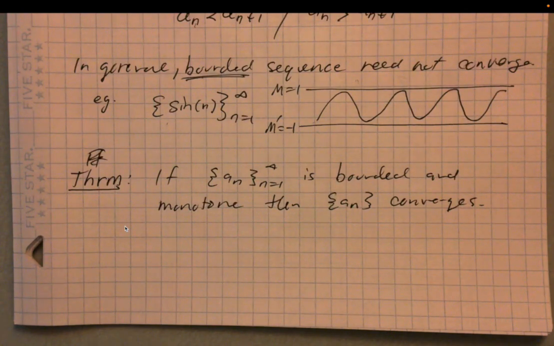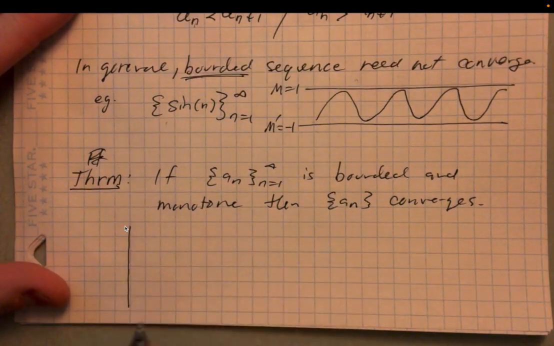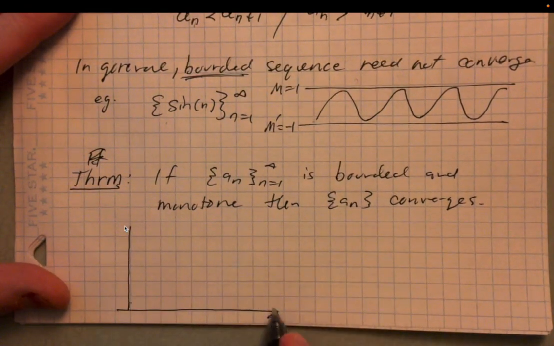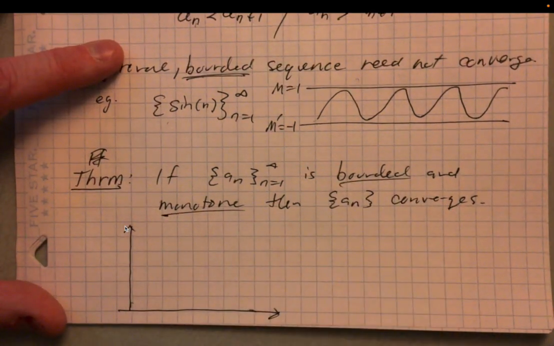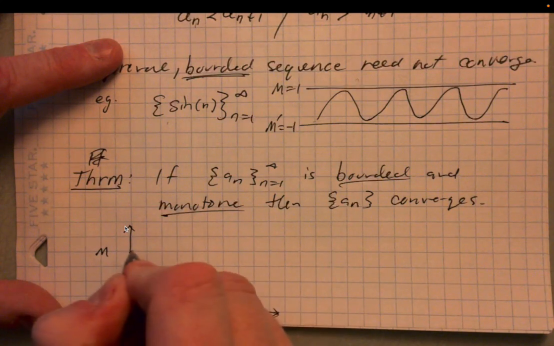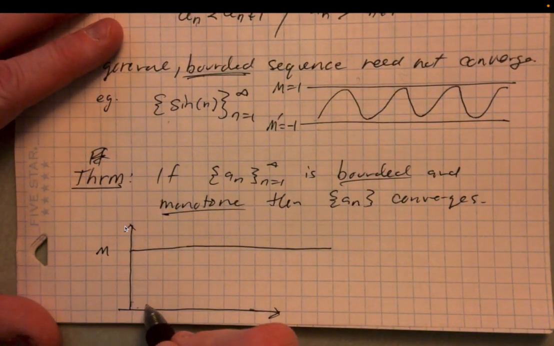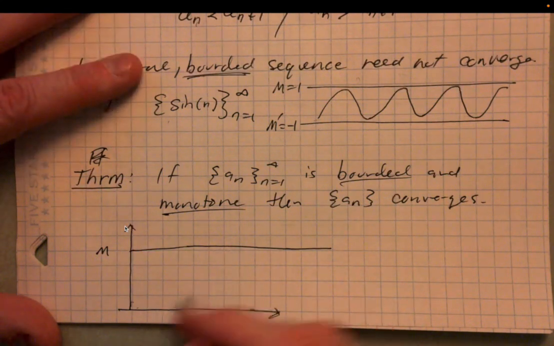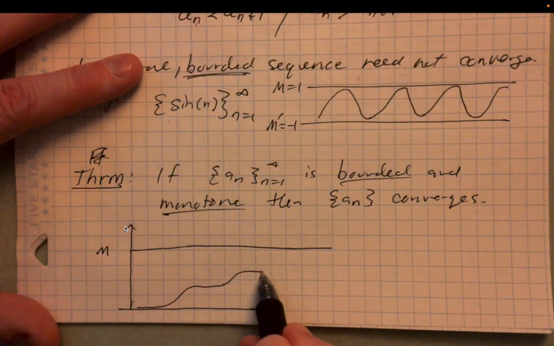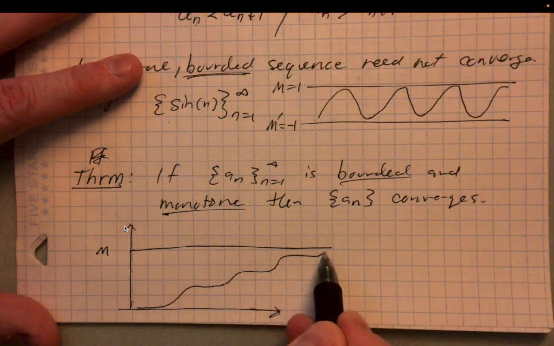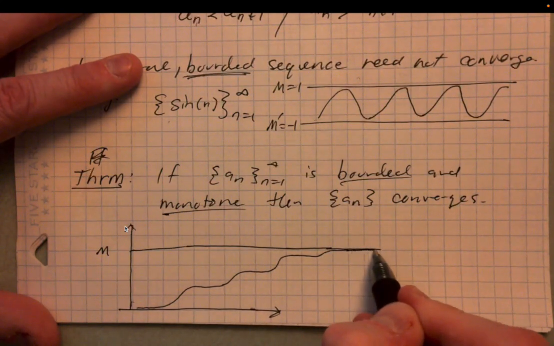Hopefully this is an intuitive idea. I think this is very visually obvious when you think about what these two terms mean, bounded and monotone. Let's say it's monotone increasing and bounded above. So maybe we've got an upper bound here. Well, the sequence can only go up or stay flat. So at some point it's going to reach some level, and it can't ever come down.